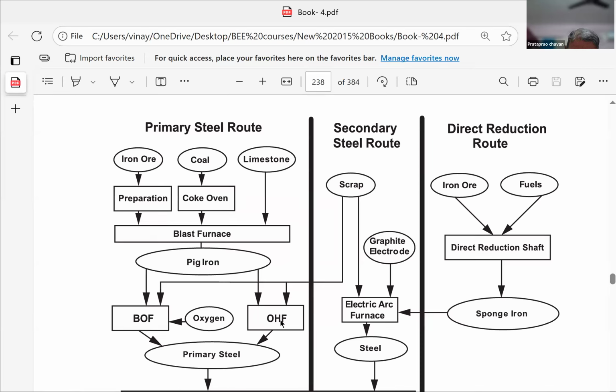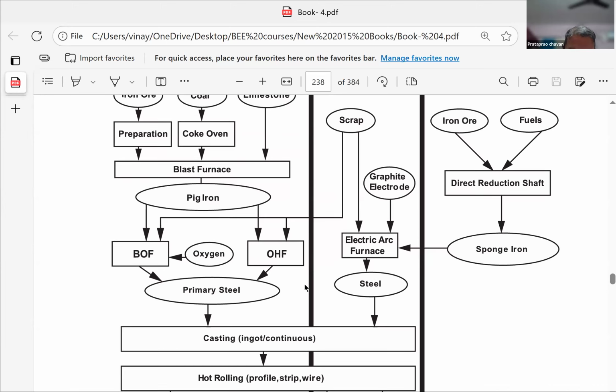These two furnaces produce primary steel. Primary steel means in the form of ingots. The correct word is ingots. That means just like wooden sleepers, large rectangular, long cylindrical type or the rectangular type. These are produced in the form of primary steel.